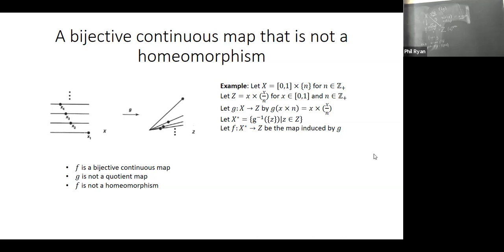Here we look at unit intervals, and we give them slope 1 on n for all the positive integers. So this has got slope 1, a half, a third, a quarter, etc. And we get a point here.